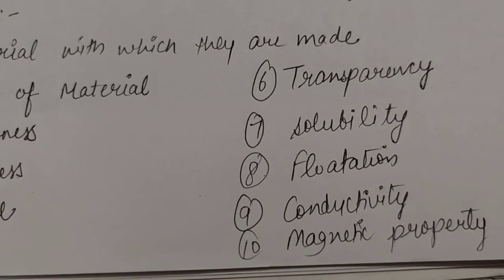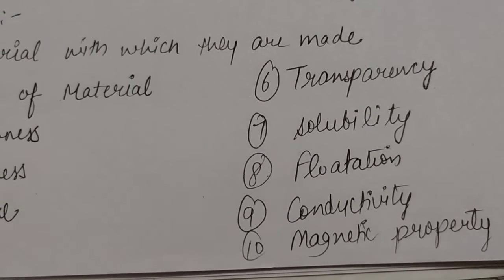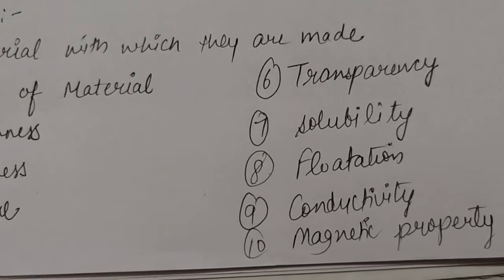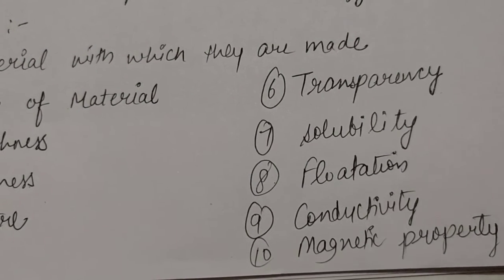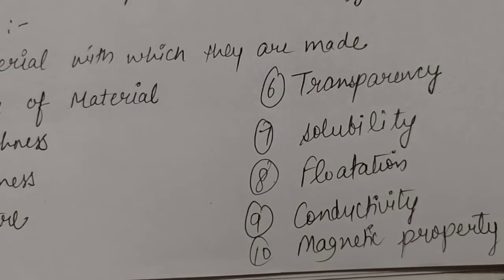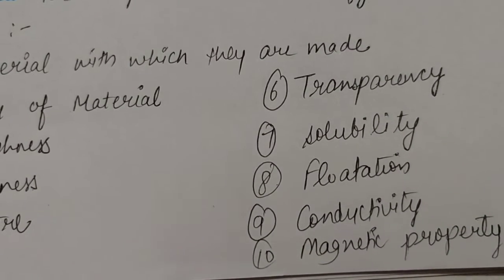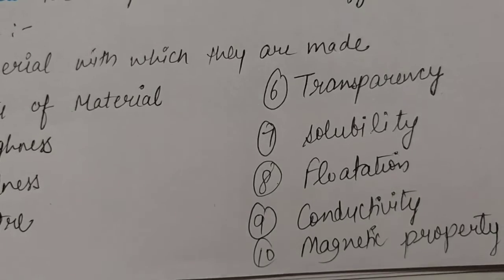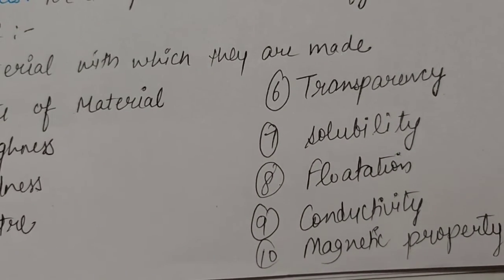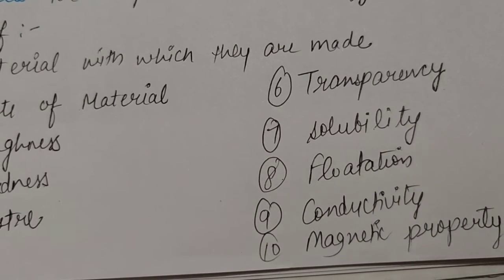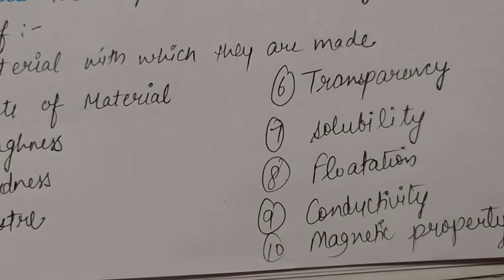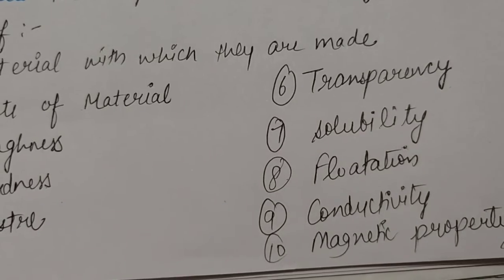Then solubility means whether it is soluble in water or not, or in some other solvent you can say. Then flotation, whether it can float on water or not. Then conductivity, whether it can conduct electricity or not. And we can also classify the objects on the basis of their magnetic properties, like whether it can be magnetized or not.